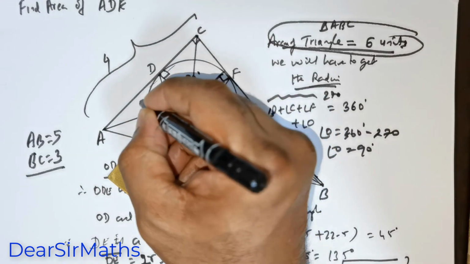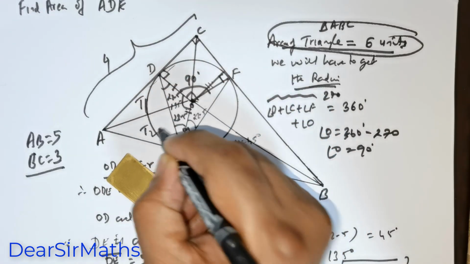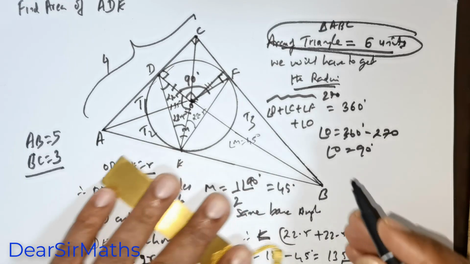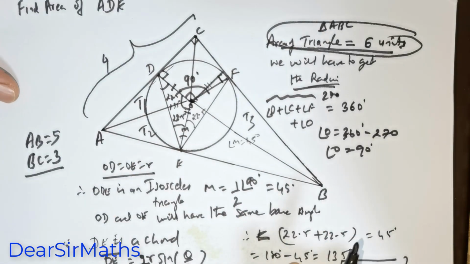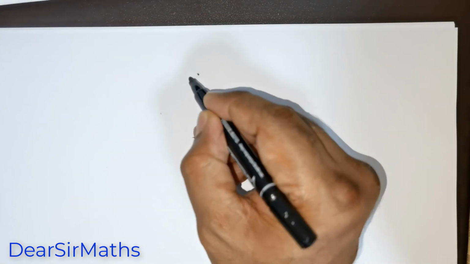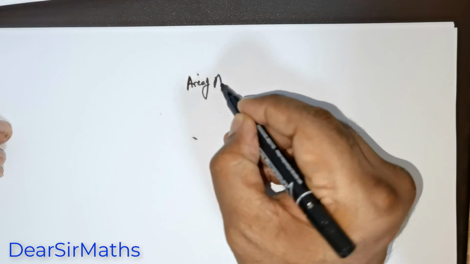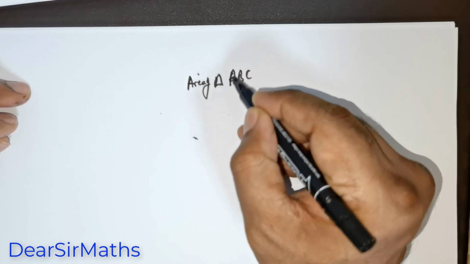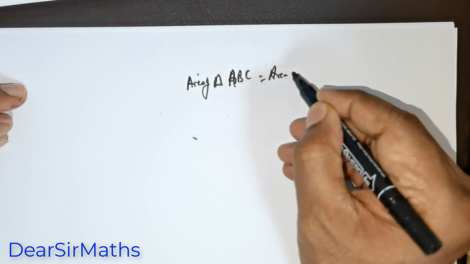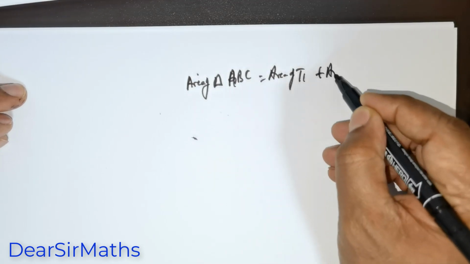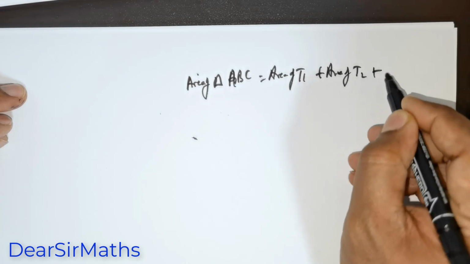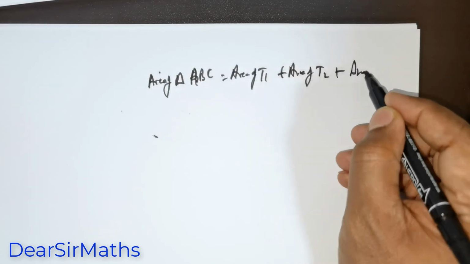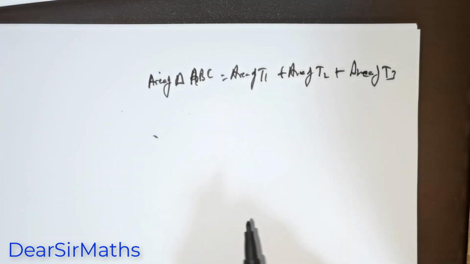So if I take these as T1, T2 and T3, then I can write area of the triangle ABC is equal to area of T1 plus area of T2 plus area of T3, right?